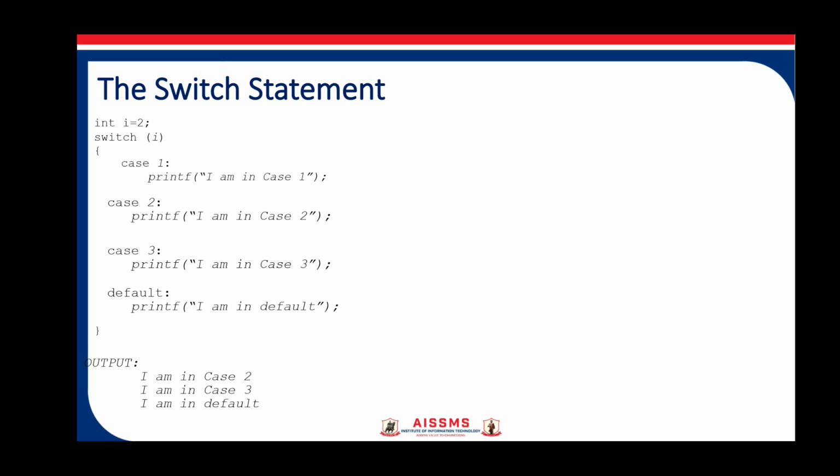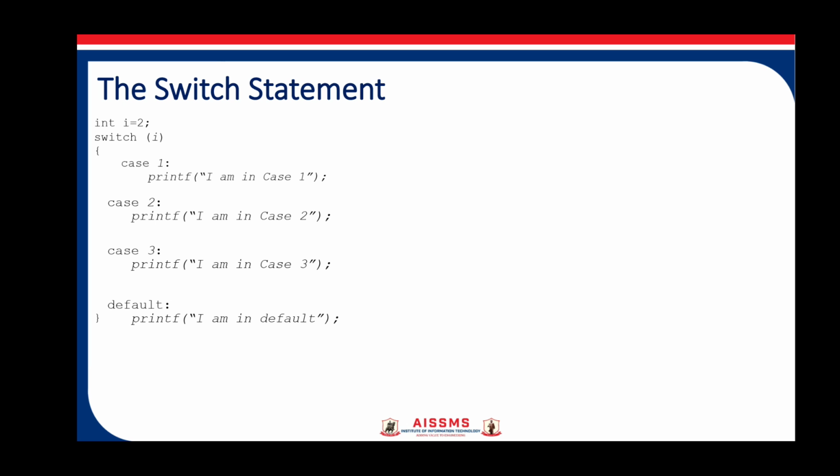That means all the cases below will be executed, because we have not inserted the break statement. How is the break statement used? If we insert a break statement after each case, then the execution will break whenever that statement is encountered. So in this case the output will only print I am in case 2.